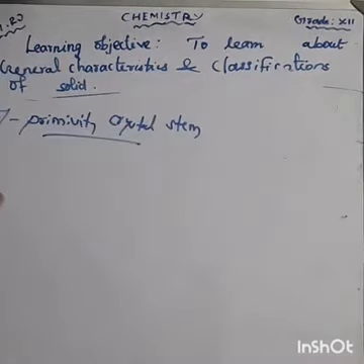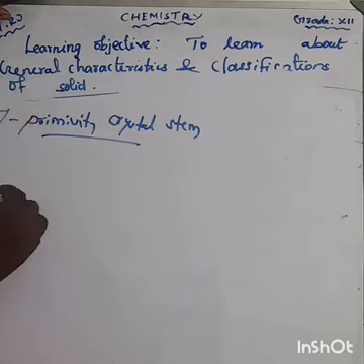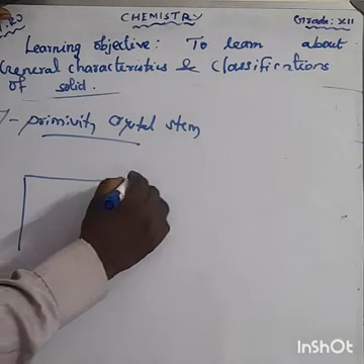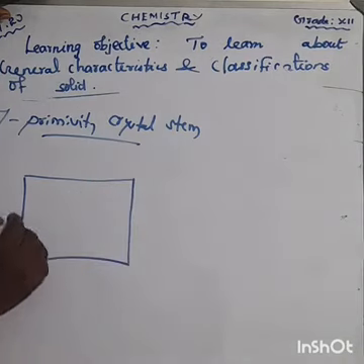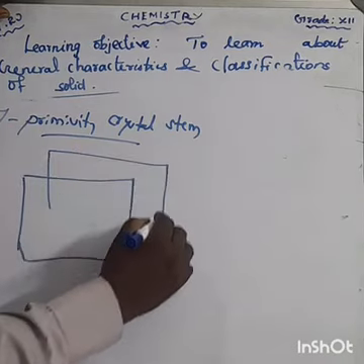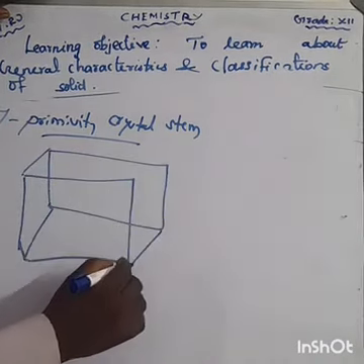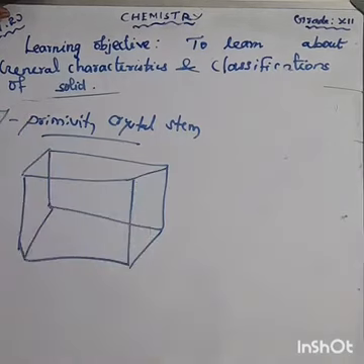That means the unit cell is characterized by 3 edge lengths. This is one unit cell. Here, the lattice constants are a, b and c.